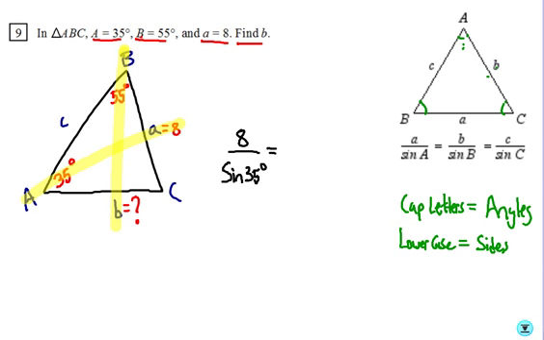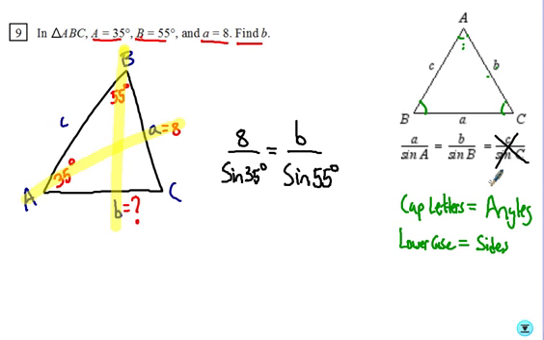So we'll set this up as b, because that's what I'm looking for, and then the angle, sine of 55 degrees. So kind of like SOHCAHTOA, you just end up using 2 of the 3 sides. I don't know anything about angle C, and I don't know anything about side c, so that last part of the fraction I'm not going to end up using.